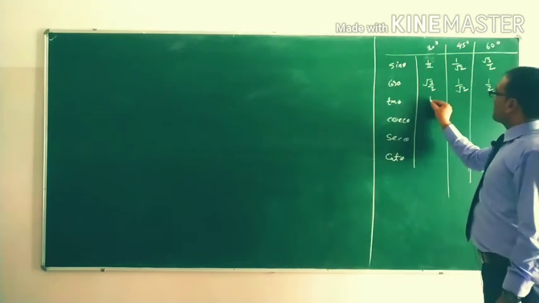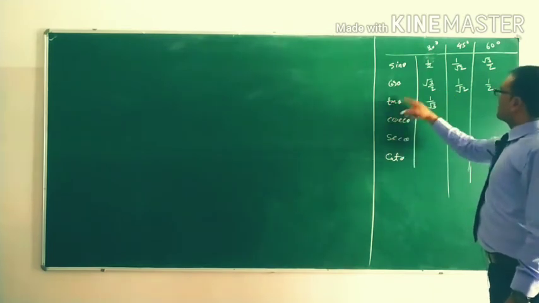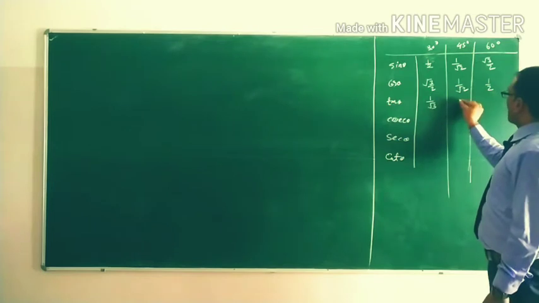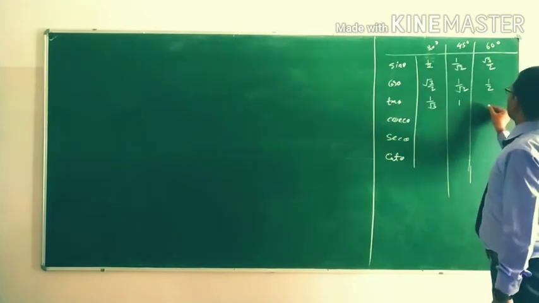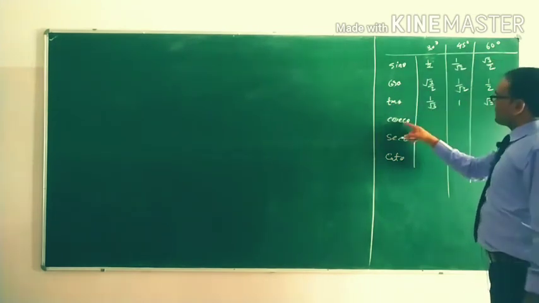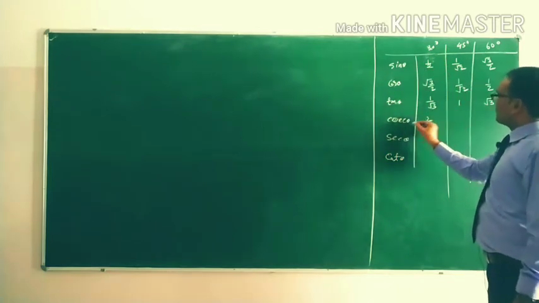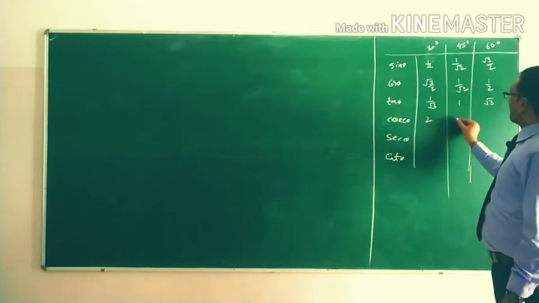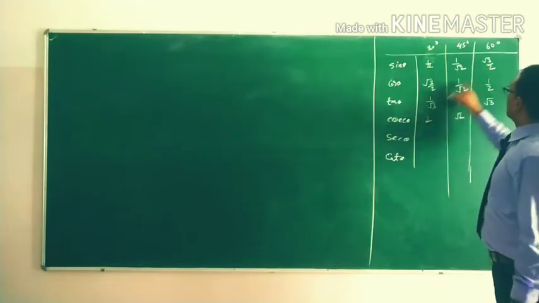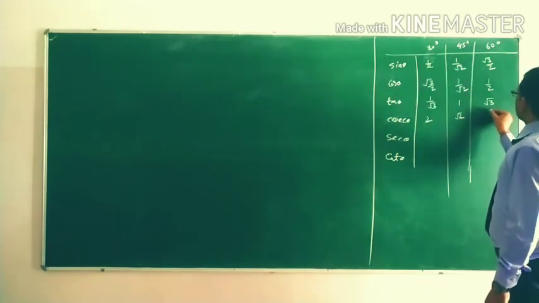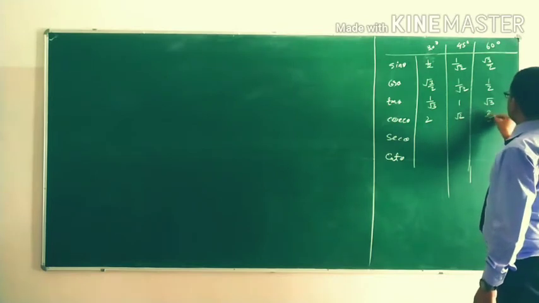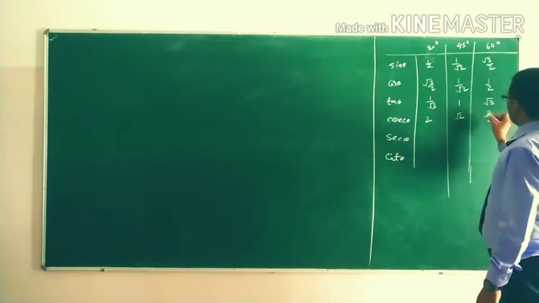Tan 30? 1 upon root 3. And tan 45? 1. And tan 60? Square root 3. Cosec 30? 2. And cosec 45? Square root 2. And cosec 60? 2 upon square root 3.